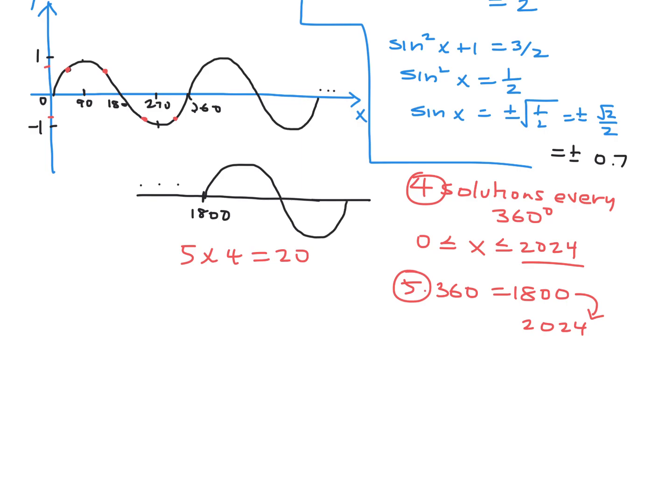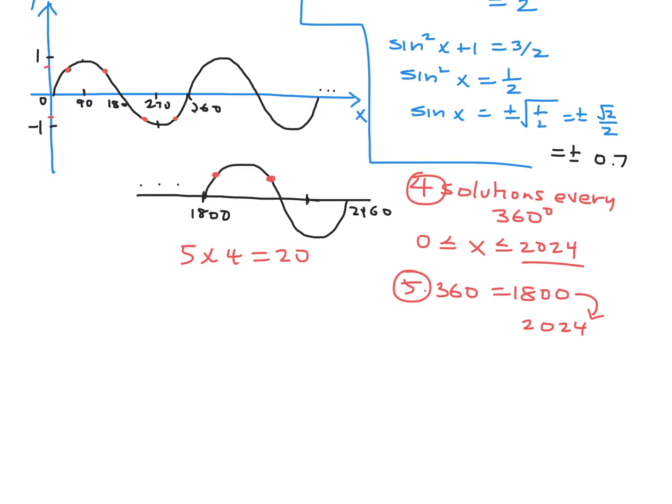So that would go to 2160. And 2024 obviously is somewhere in here, wherever it is. Somewhere here, I think. Okay, so if we look at the graph, in terms of negative 0.7, we're going to get another one there.